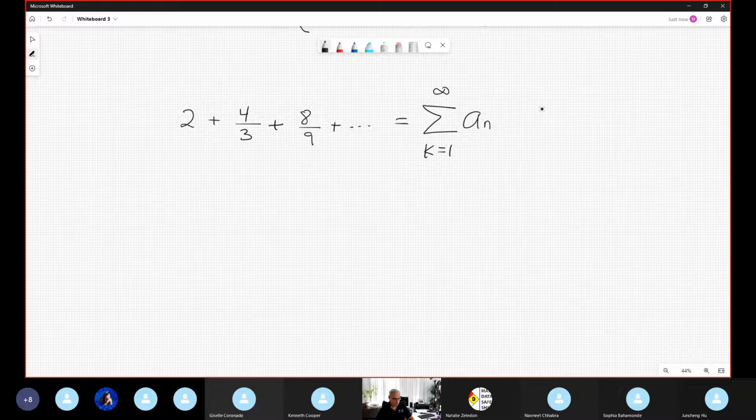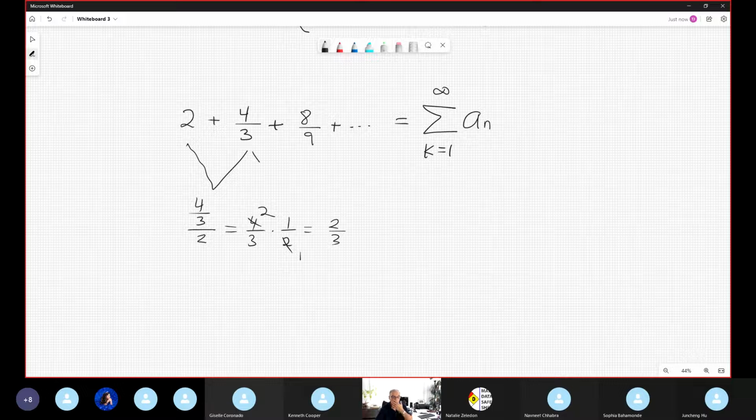Okay? So first of all, you check if it's geometric or no. You divide 4/3 divided by 2. So you divide any element by the previous. It's 4/3 multiplied by the reciprocal, 1/2. You simplify, reduce it to 2/3.